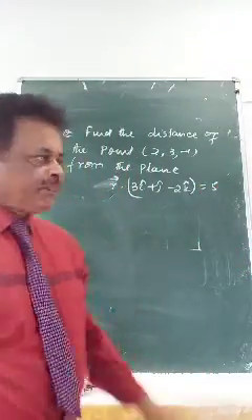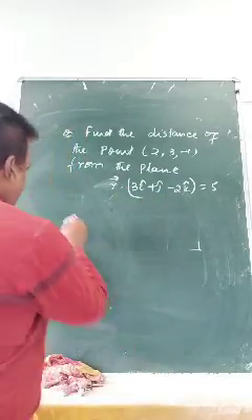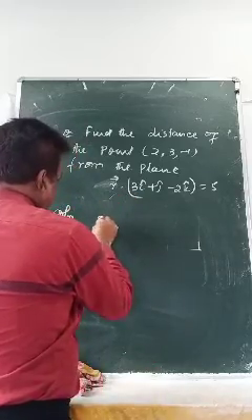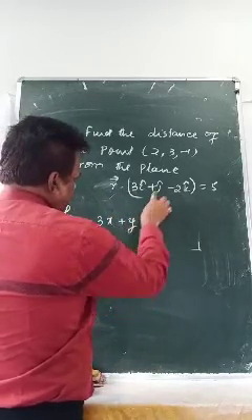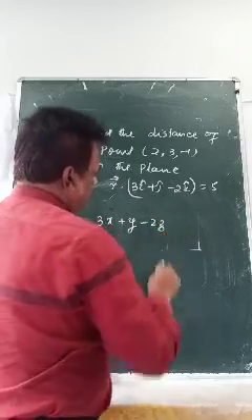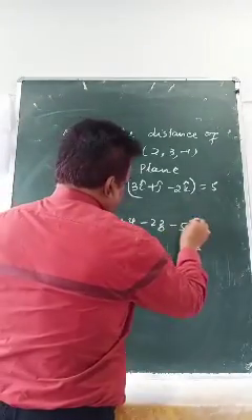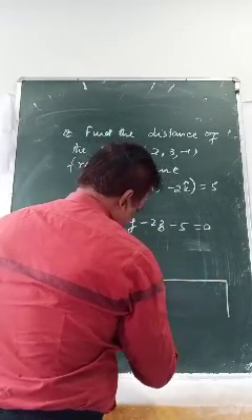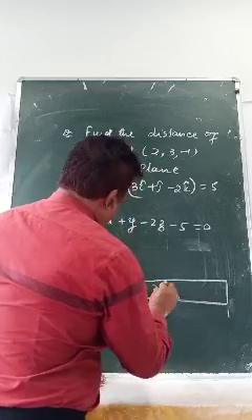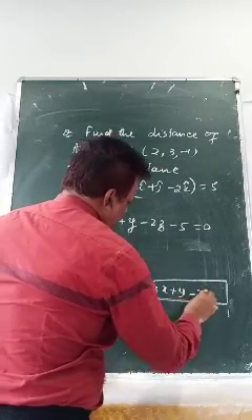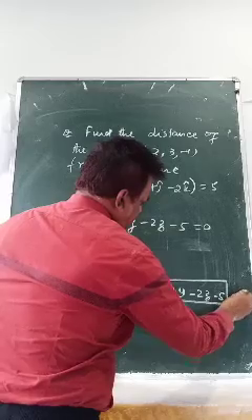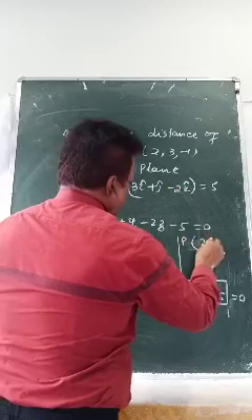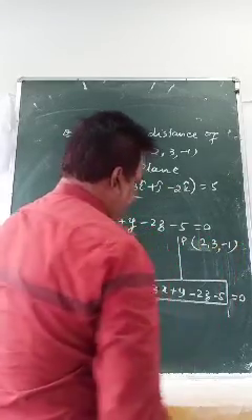So what you do is convert it to Cartesian form. The Cartesian means 3x + y - 2z, make right side 0, minus 5 equals to 0. So this is your plane now: 3x + y - 2z - 5 = 0. This is the point P, that is (2, 3, -1).